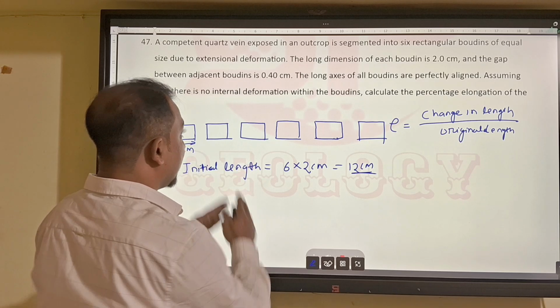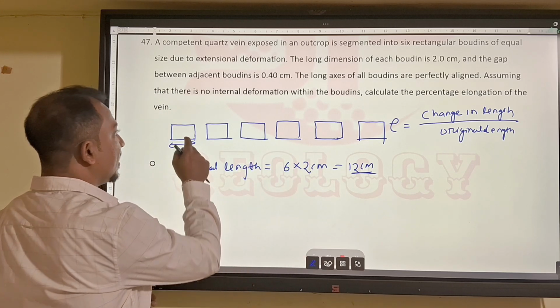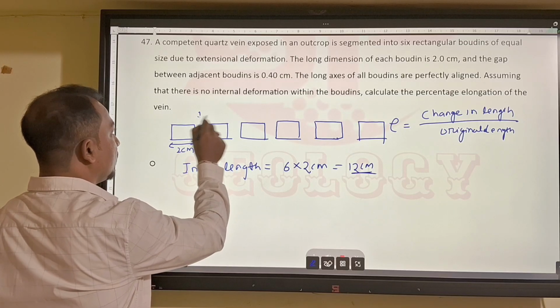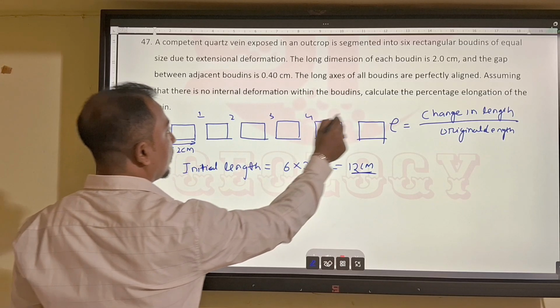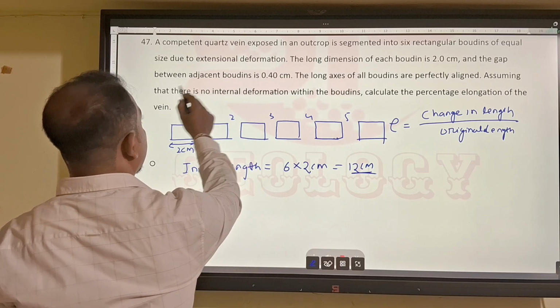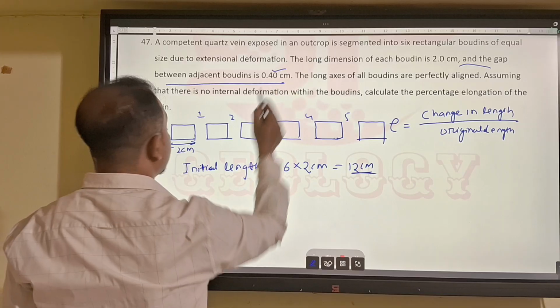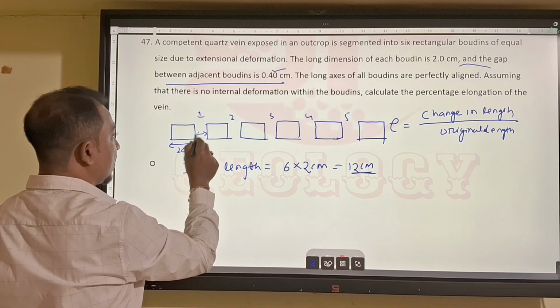Now, if it is broken into 6 pieces, they will produce 5 gaps. You can see 1, 2, 3, 4, 5. They produce 5 gaps, and the gap between the adjacent budins is 0.40 centimeter, which is constant.